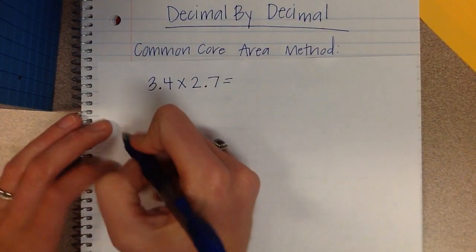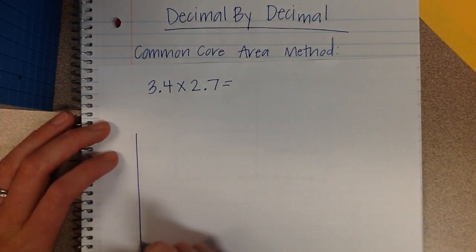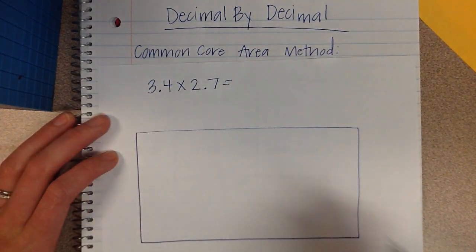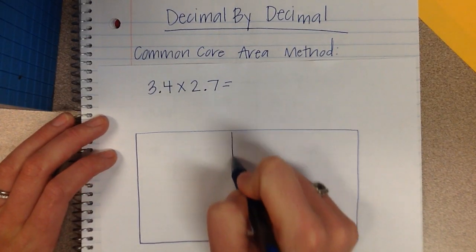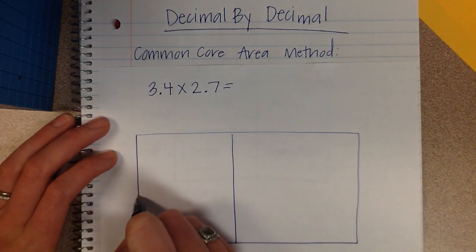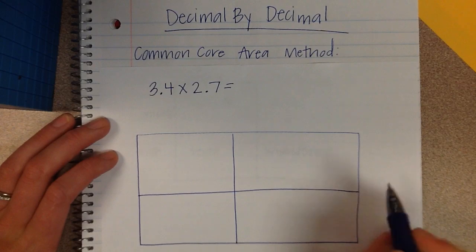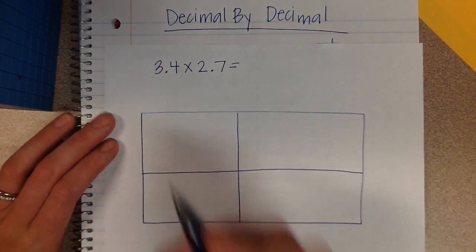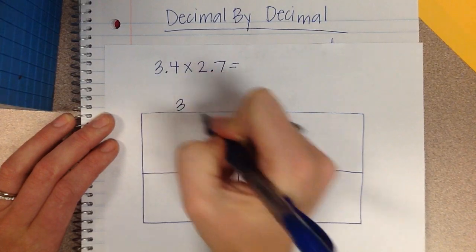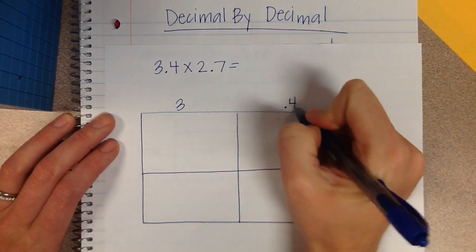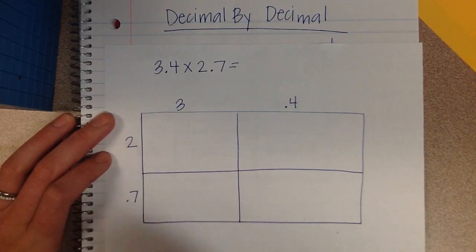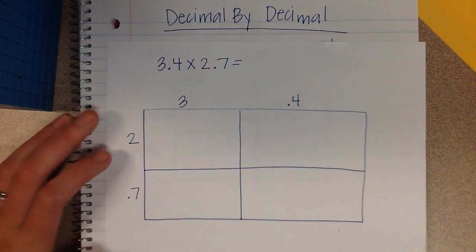The first thing we're going to do is we need to draw our rectangle. And I need to break it up. I have 4 spots because I have 4 digits that aren't 0. I'm going to put 3 here, 4 tenths here, 2, and 7 tenths. Okay?